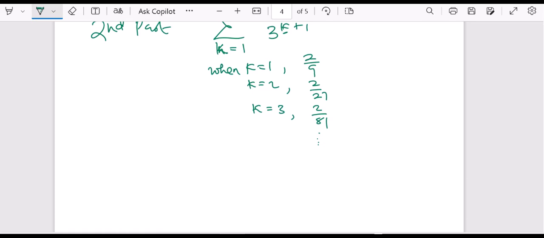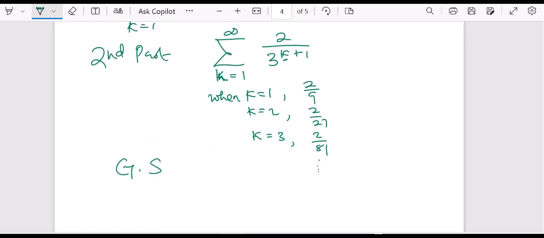So we have a geometric sequence, and it is infinite. So we can use the formula for finding the sum to infinity of a GP.